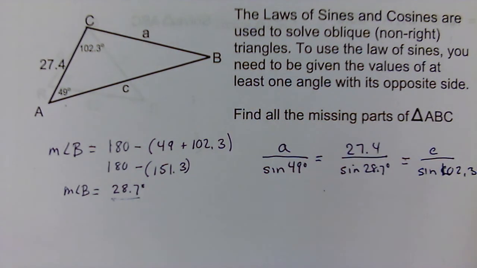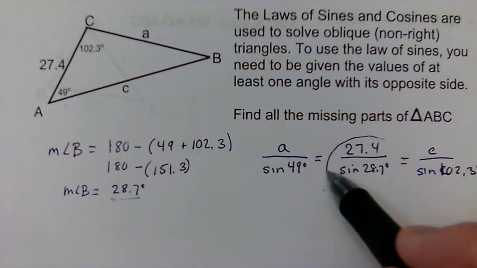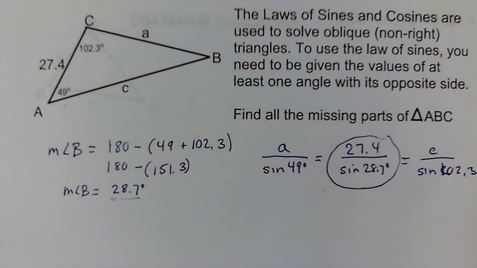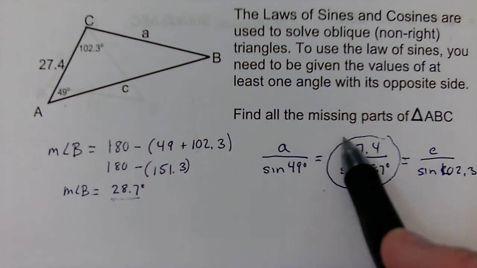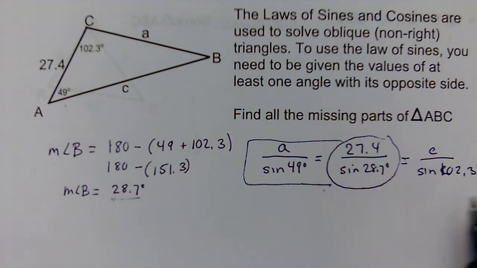So this is a three-part equation. We can only deal with two parts at a time. So I need to use the complete part, the part that has all numbers plugged into it, and either one of the two parts. So I'll use the a part first.